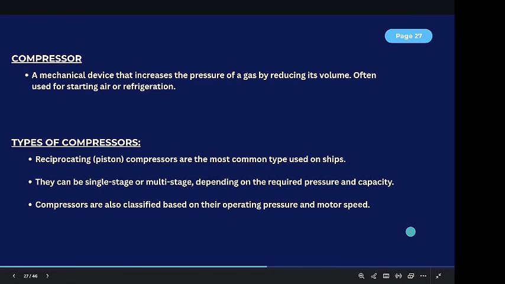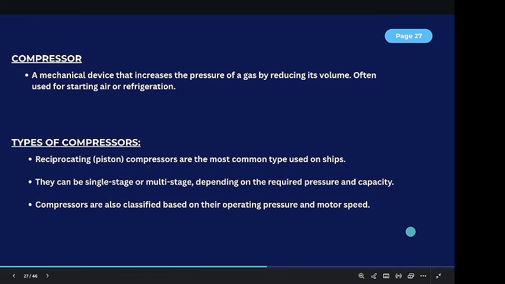So next that we have here is what we call the compressor. The compressor is a mechanical device that increases the pressure of a gas by reducing its volume.